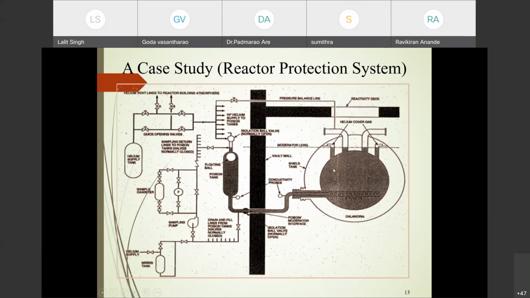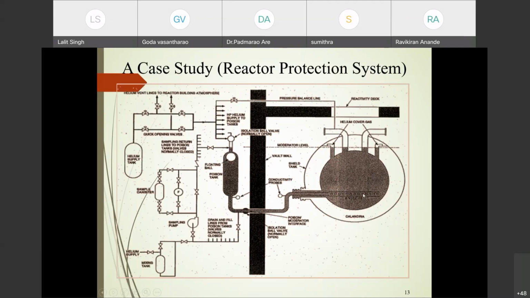So ultimately, it injects the poison into this calandria. And that poison has a property that it eats up all the neutrons. If you are able to see inside the calandria, there is a horizontal pipe containing so many tiny holes.